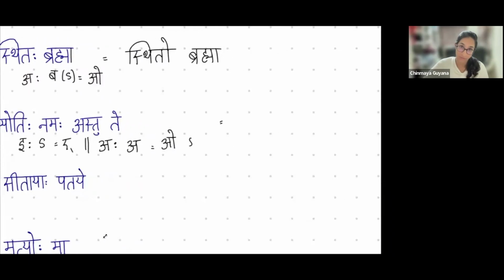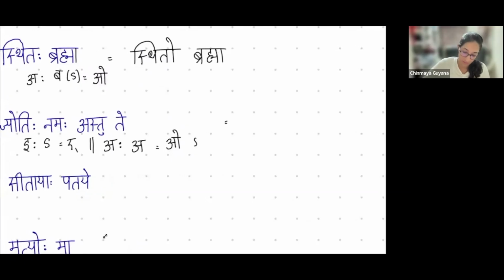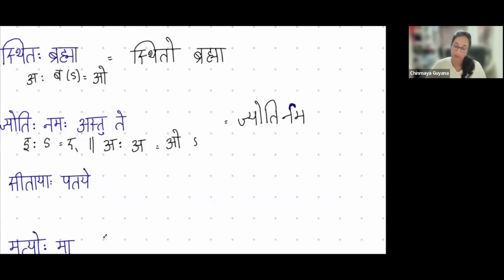Jyotihi is going to become jyotir because of the rahalant. Jyotir, the rahalant is going to go on the next word because of the halant. You see, this is our sandhi. Jyotir nama. Now the visarga of nama is going to become namo. So you have namo so far.